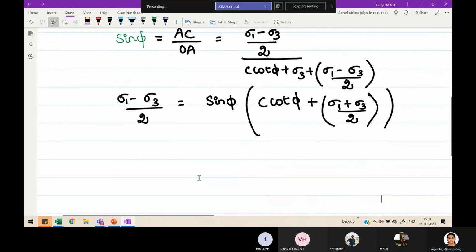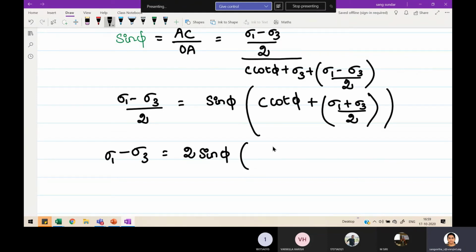Okay. So our aim is to find sigma 1. To get that, just group the terms. Take sigma 1 terms on one side and sigma 3 and the C terms on the other side. So sigma 1 by 2 is there. Let me take sigma 1 minus sigma 3 first, with 2 sin phi, and then this is cot phi, right?